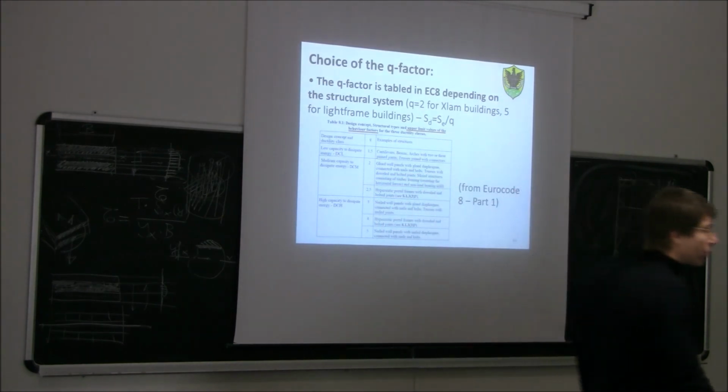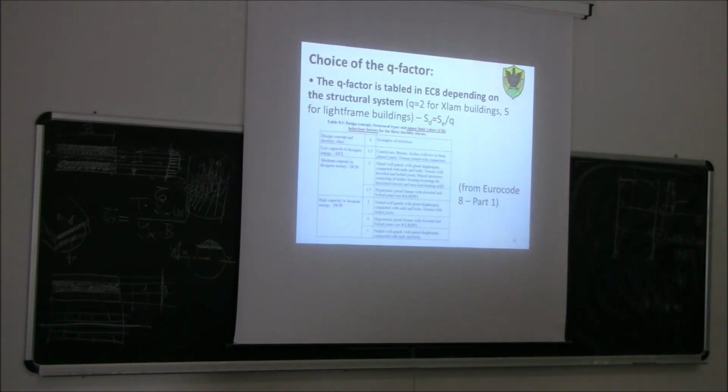If you look into Eurocode 8, which is the European regulation for seismic design, you find this table here. Where, for example, you see that for cantilevers, beams, arches with 2 or 3 pin joints, q is equal to 1.5. For glued wall panels with glued diaphragm connected with nails and bolts, it is 2.